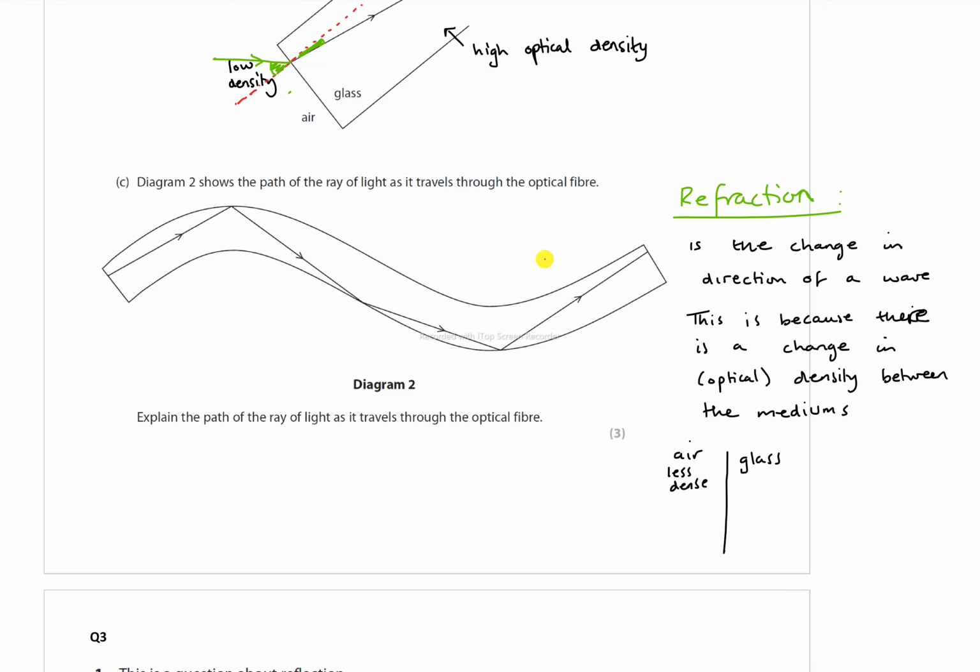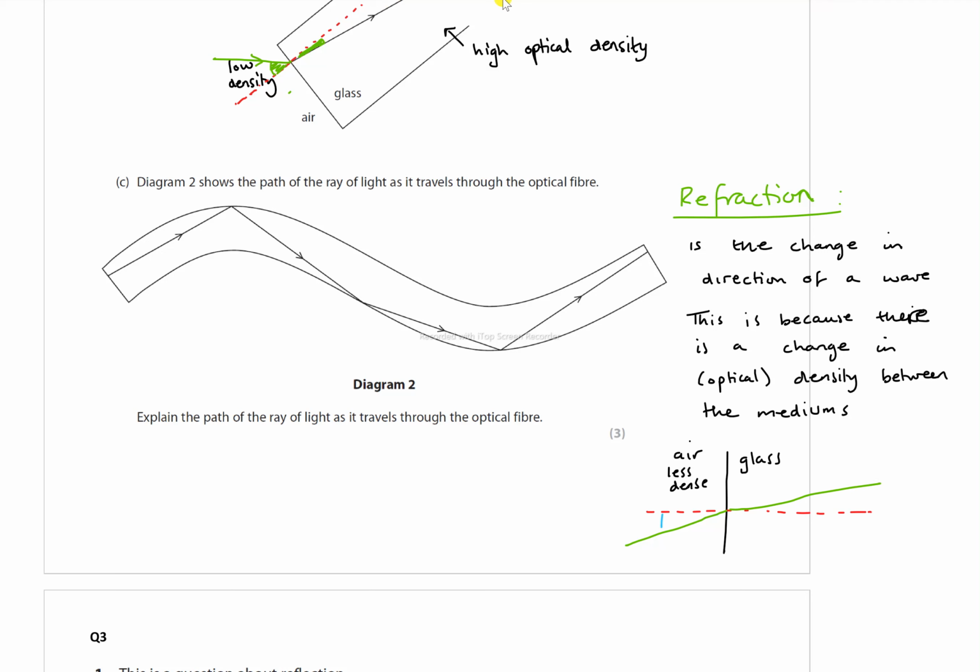So it comes in and it's going to go towards the normal, so it's going to make this line smaller.